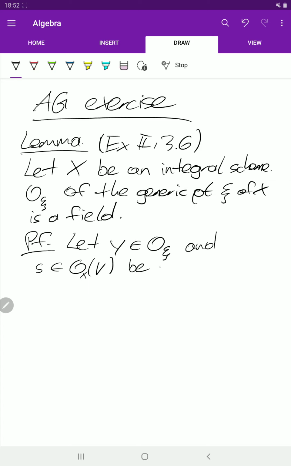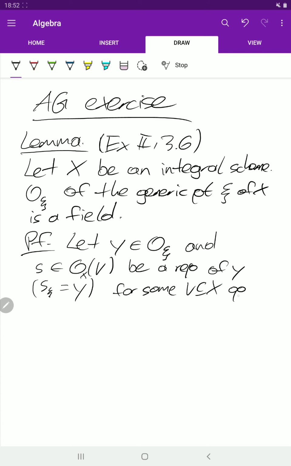That should be a representative of y. What I mean is that s_xi is equal to y, for some open subset V of X where xi is in the subset.